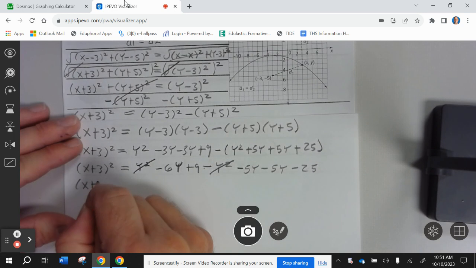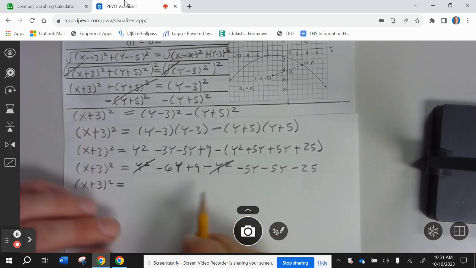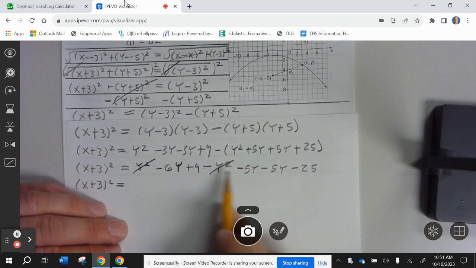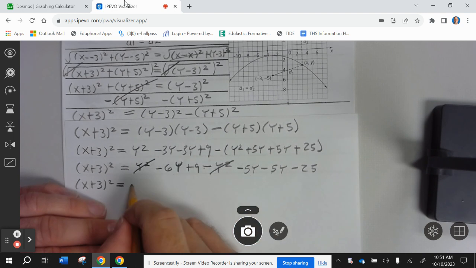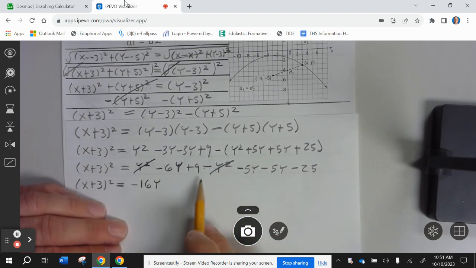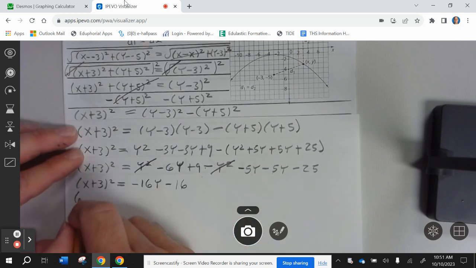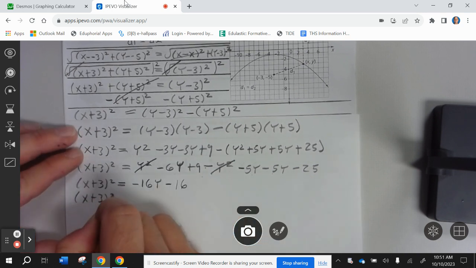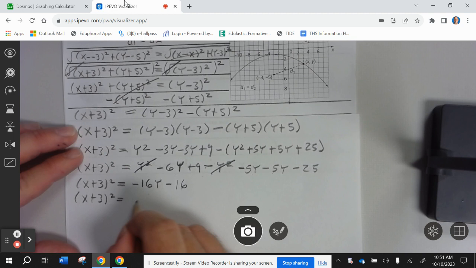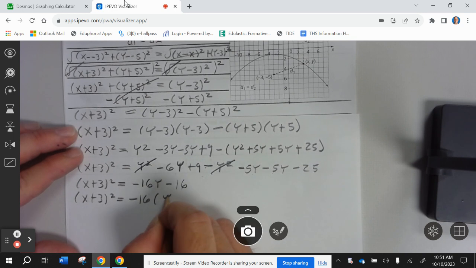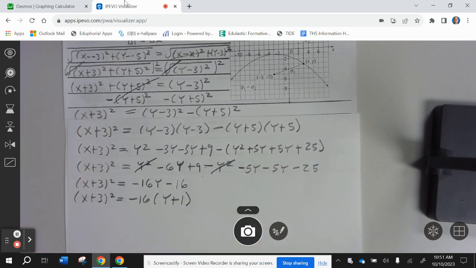You have (x plus 3) squared equals negative 6 minus 5, which is negative 16y. 9 minus 25 is negative 16. So then you have (x plus 3) squared equals, I'm going to factor out a negative 16, which leaves (y plus 1).